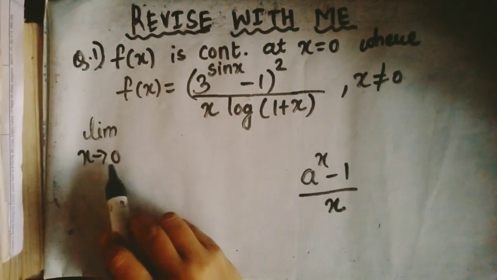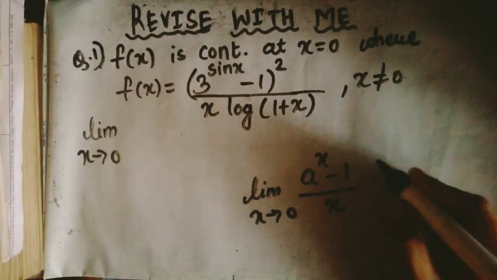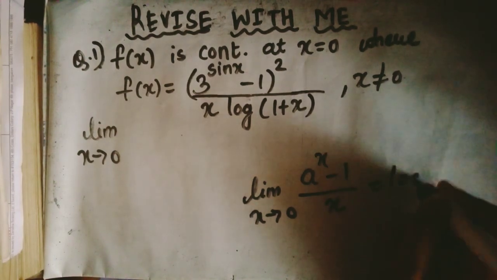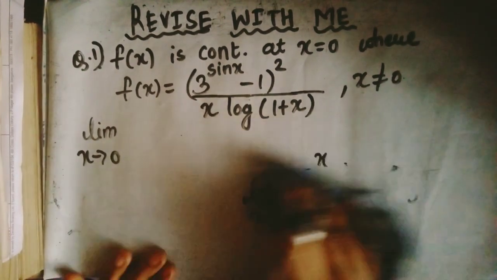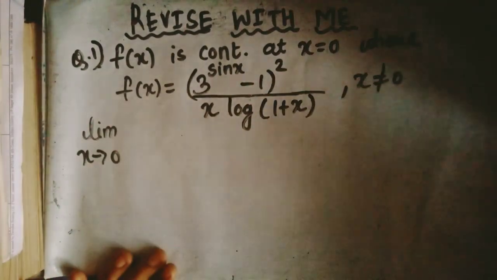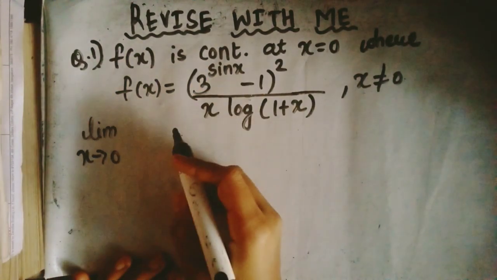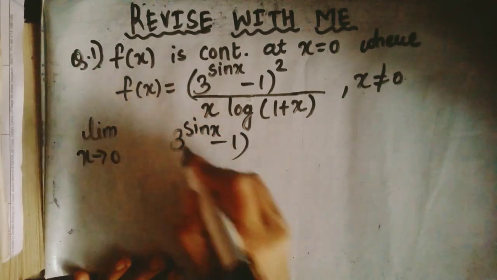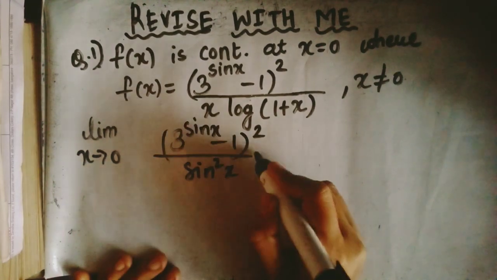Okay, when limit as x tending to 0, we'll get the answer as log of a, right? So this we have to apply here. So we need here sin square x. Okay, so we'll divide and multiply by sin square x.